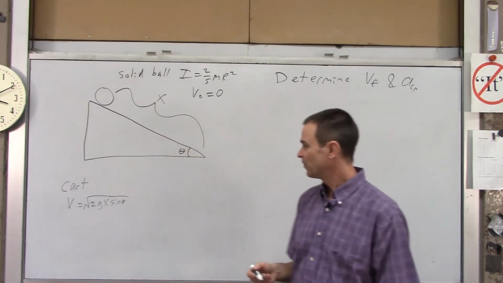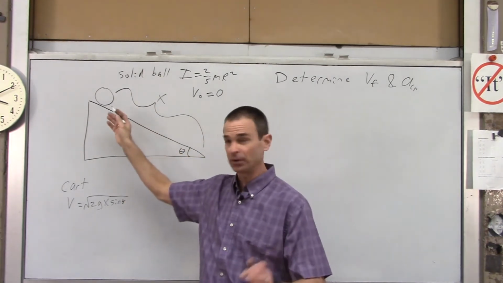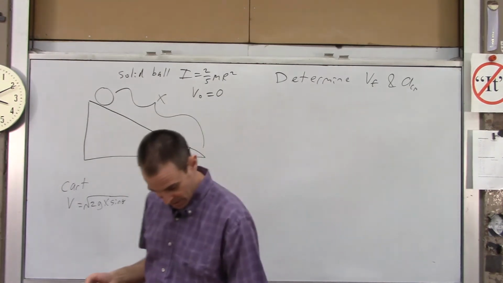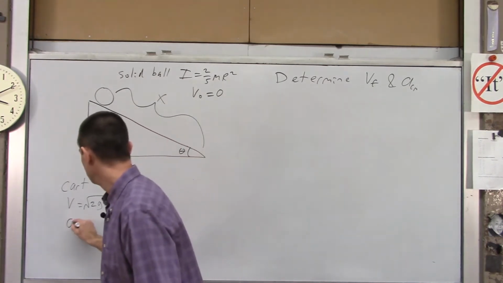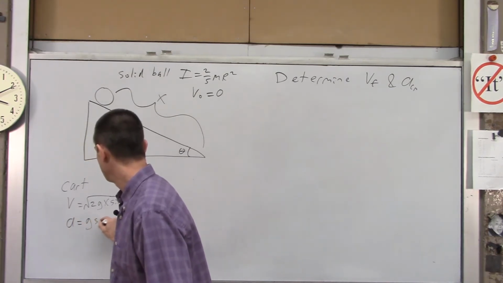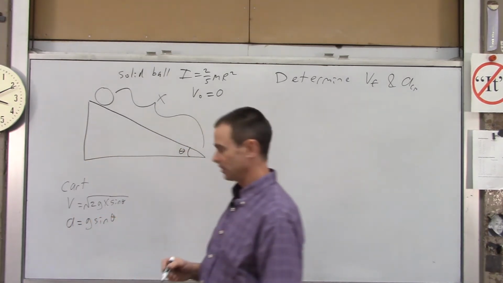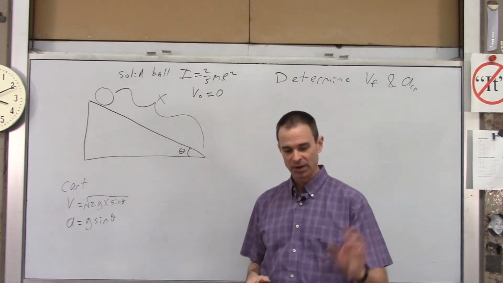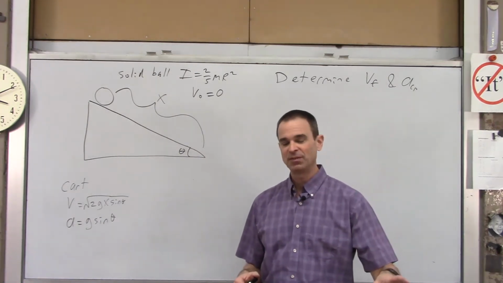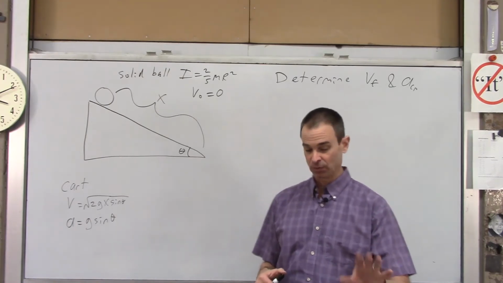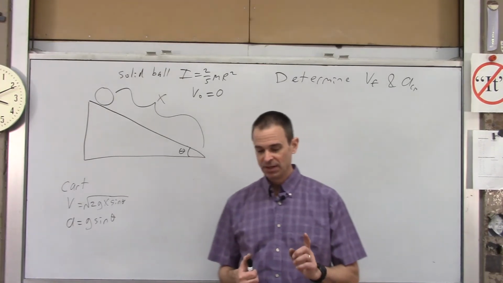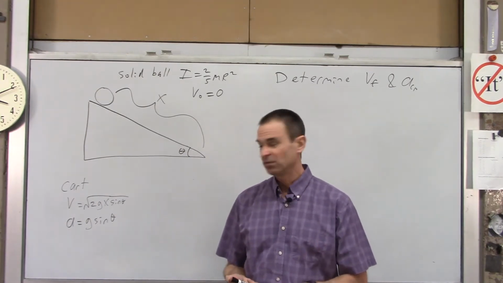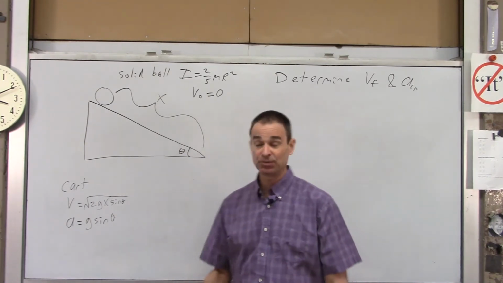So if it was just a frictionless cart rolling down the hill, the velocity would be that, and the acceleration would simply be g sine of theta. For Physics 1, that would be way back in Chapter 4. We would say, draw an FBD of the cart, assuming there's no friction or low friction, and find the acceleration of the cart down the hill and the final velocity of the cart down the hill, and these would be the answers you'd get.